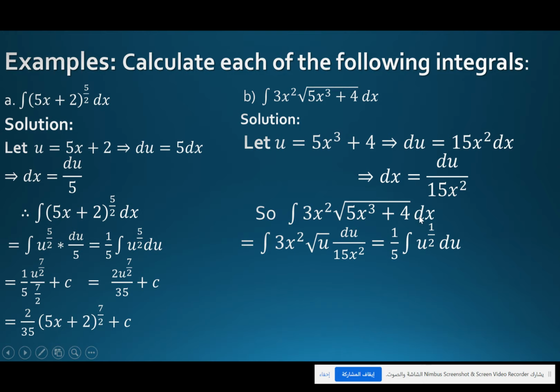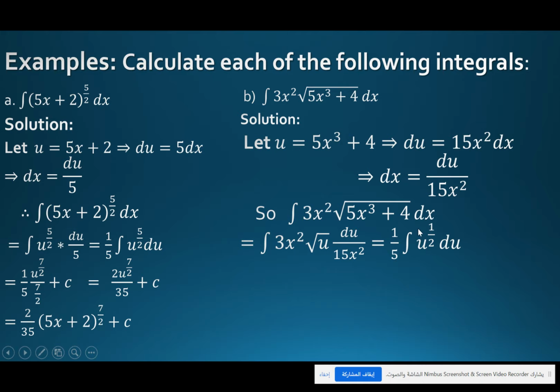In that case, you can write, instead of dx, du over 15x squared. Then you can cancel or simplify your work. x squared with x squared cancels, and 3 with 15 gives 5 down. And because it is a constant and it is still in the denominator, you can take it outside as 1 over 5, which is a constant.